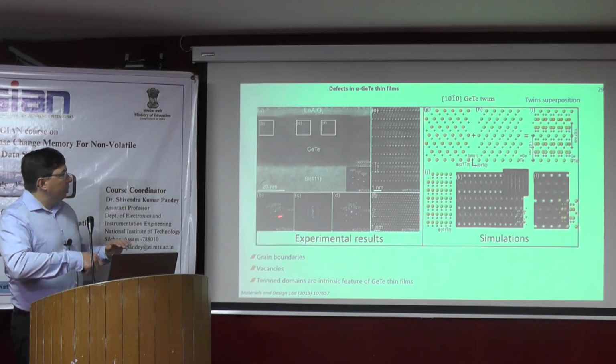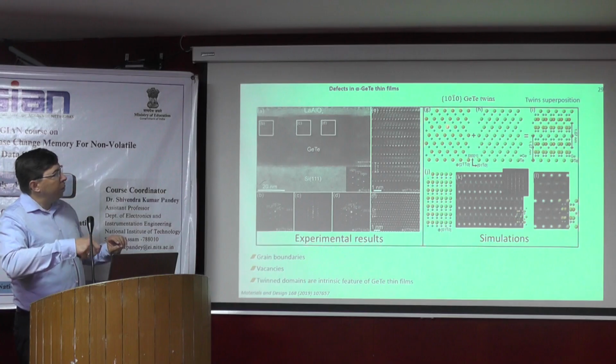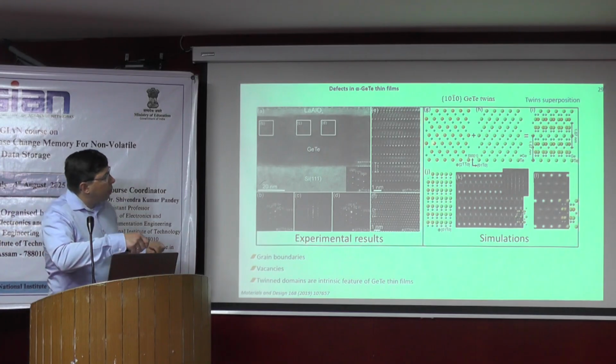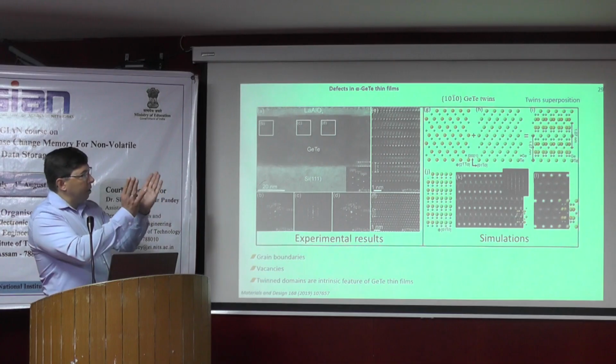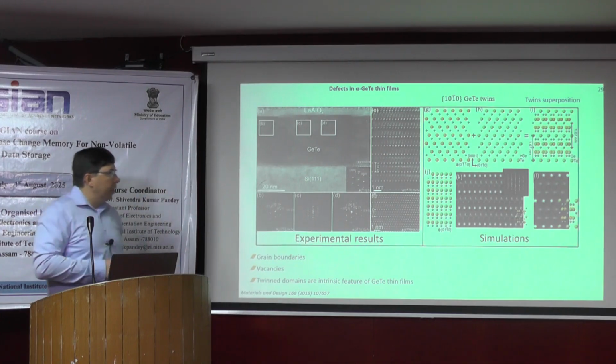If you consider this structure, you can consider the structure model. Here you can see the two twins. Here you have an octahedron pointing this way, and here an octahedron pointing that way. This is one line of atoms, and here this is one, so they sit at this angle.